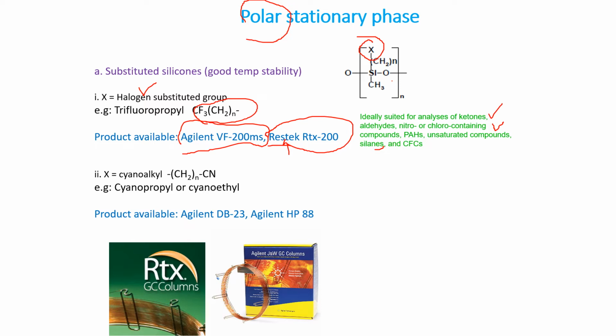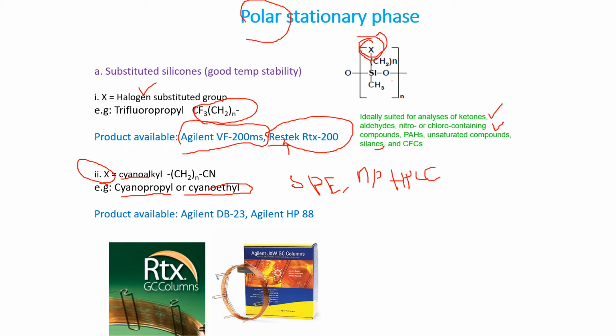Another one, you can substitute this X over here with cyanoalkyl, cyanopropyl or cyanoethyl. You see this in SPE, and also normal phase HPLC.